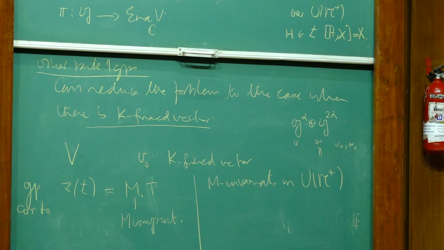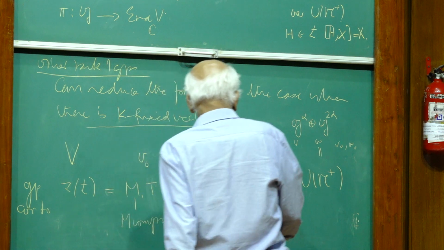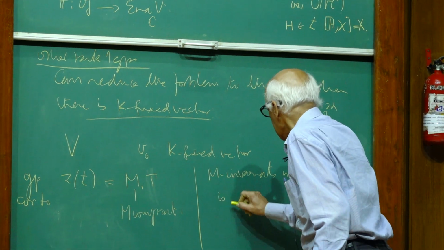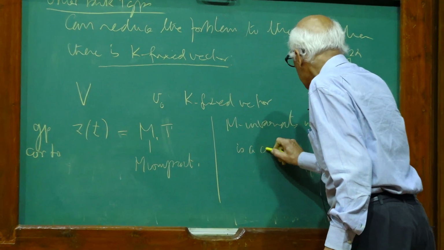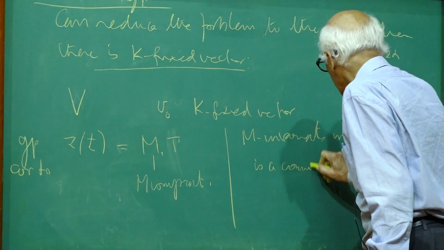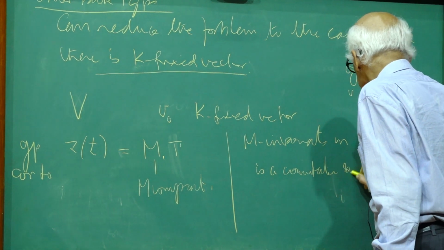So one polynomial is going to be in the center, the other doesn't matter what it is, and the whole thing is generated by those 2 invariant polynomials. Because of that, M invariants in U1 plus is a commutative subalgebra, in fact isomorphic to a polynomial subalgebra.